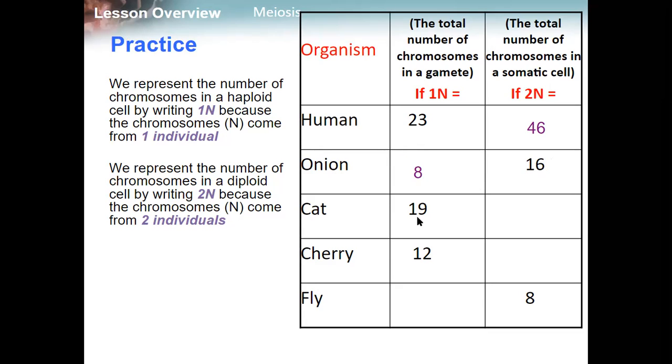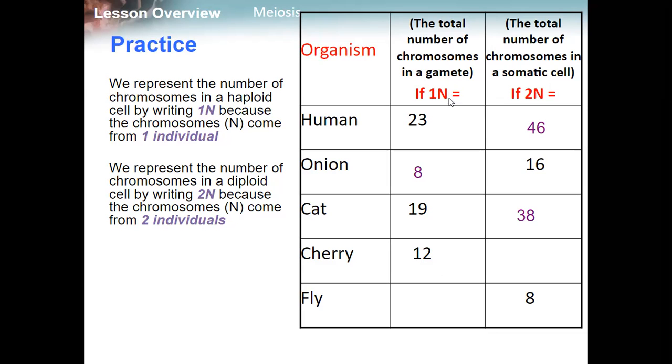Cats have 19 chromosomes in their gamete, in either their egg or sperm. So how many would be in their somatic cells, their body cells? Let's say the cells in their whiskers or their tail or their fur. Well, since 1N is equal to 19, that means 2N, I would just multiply it, and 2N would represent 38. That's how many chromosomes are in the somatic cell of a cat.